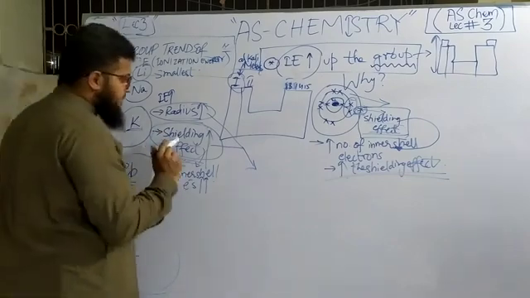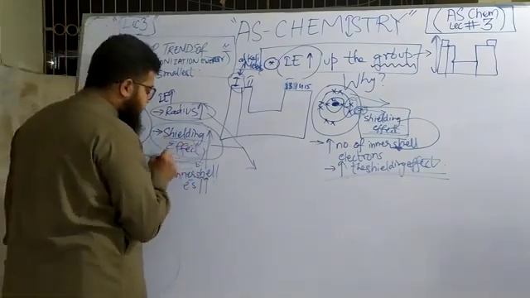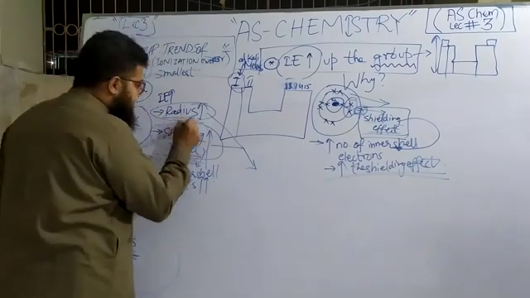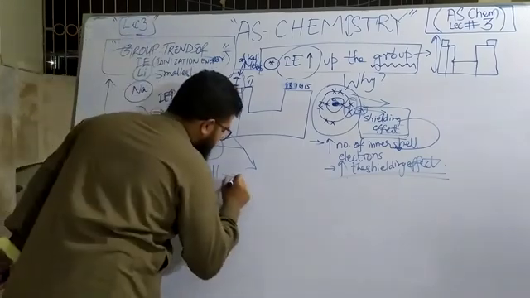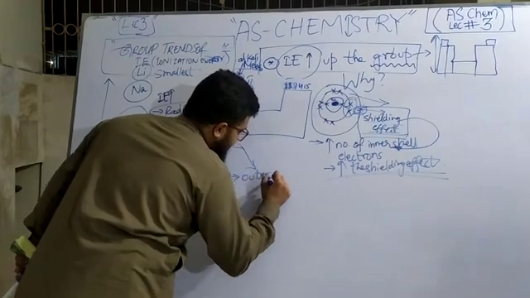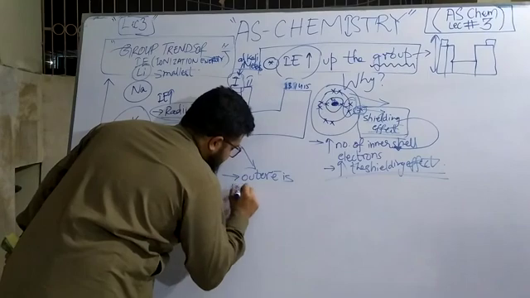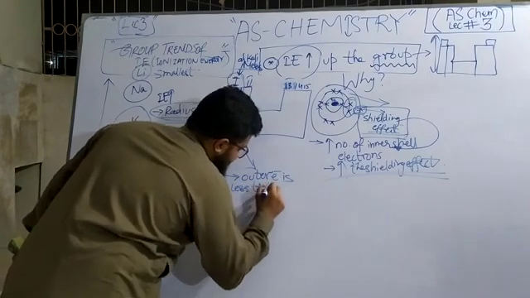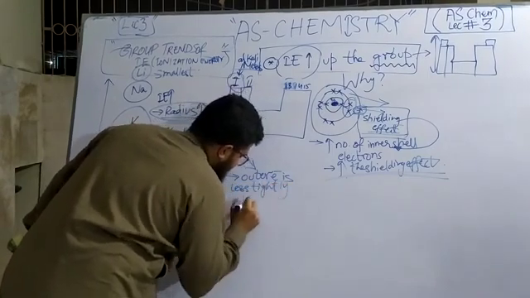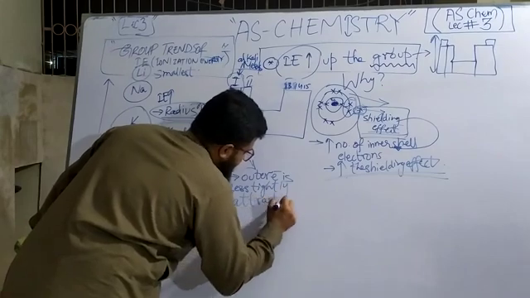Now remember guys, if the shielding effect increases and the radius increases, can I say that the outer electron is less tightly attracted to the nucleus?